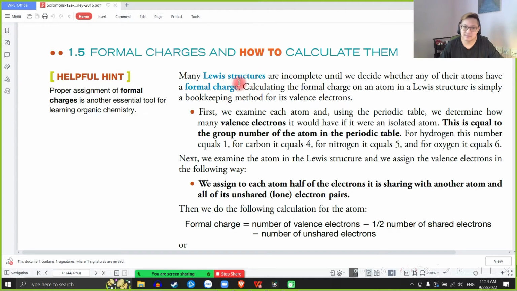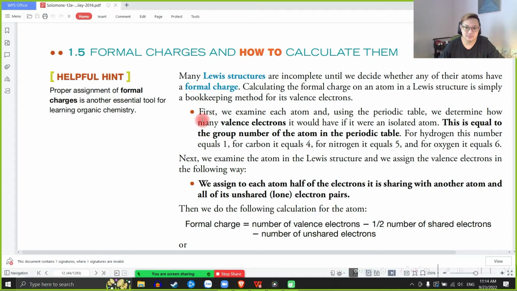So we have to assign them formal charge, plus or minus, because not all of them are achieving a full octet, and not all of them are neutral. Calculating the formal charge on an atom in a Lewis structure is simply a bookkeeping method for its valence electrons. So you have to calculate according to its outermost shell electrons, or valence electrons.